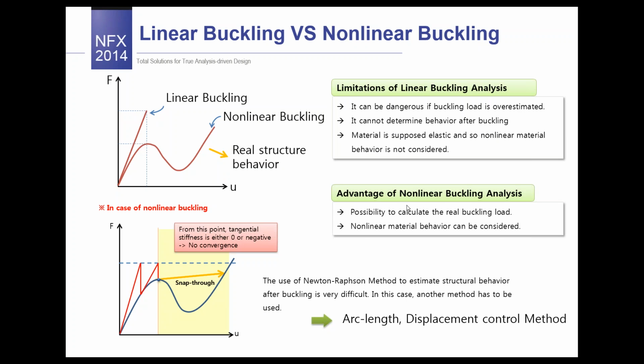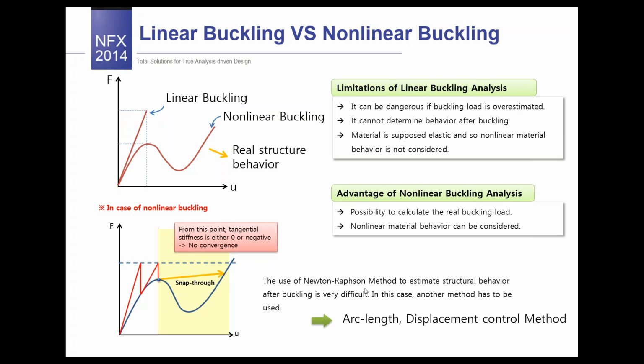At the same time, the nonlinear analysis provides some additional advantages. The first one is that it gives us the possibility to calculate the real buckling load, and as I said, this nonlinear behavior can be considered.